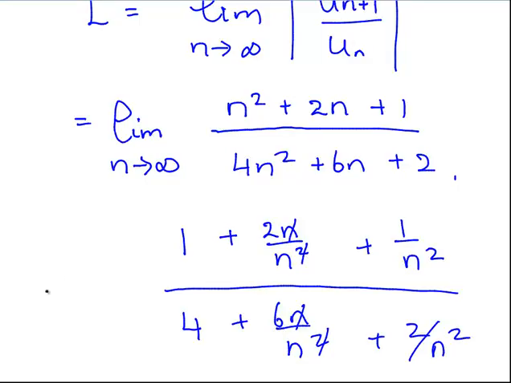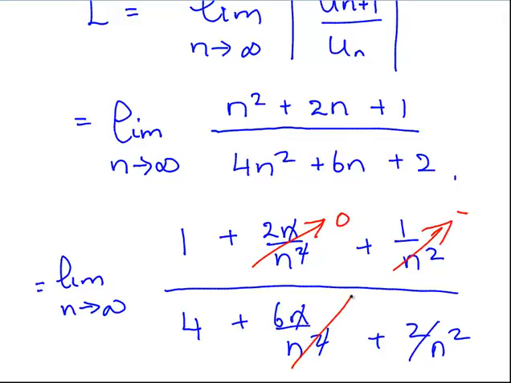The limit of that expression is essentially that all these terms go to 0 as n goes to infinity. So what we're left with is that the limit L is 1/4.